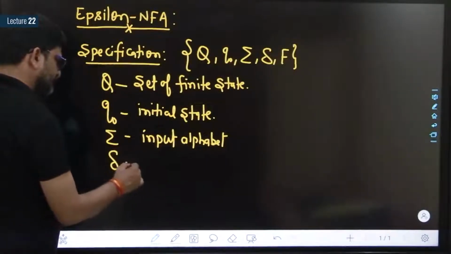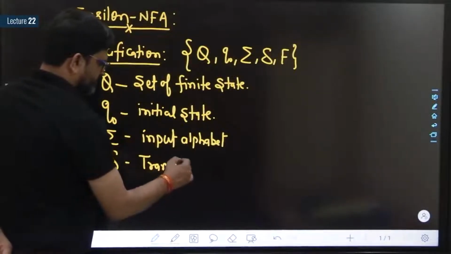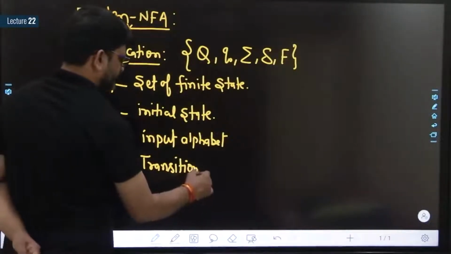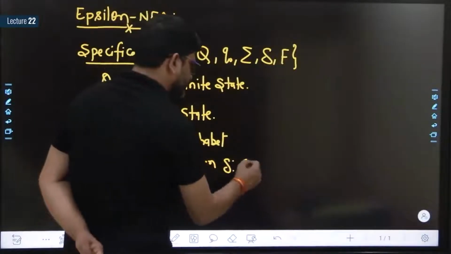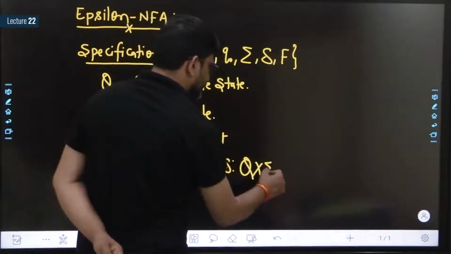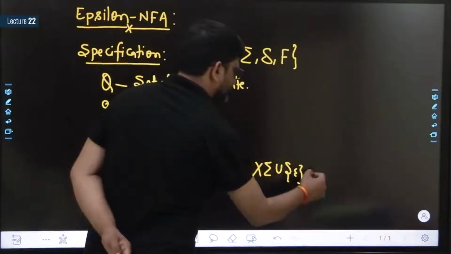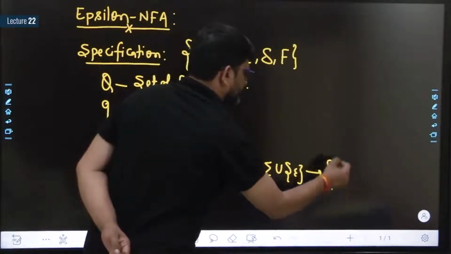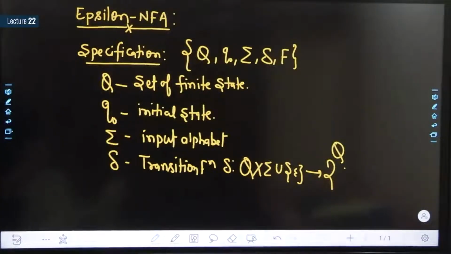Delta is the transition function. What is the transition function? Delta is Q cross sigma union epsilon determines 2 to the power Q. Clear?